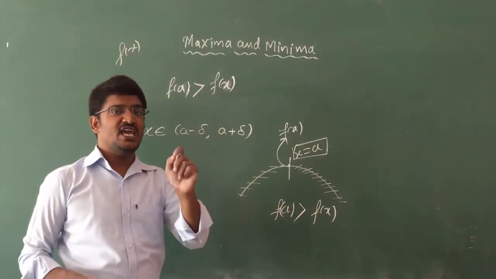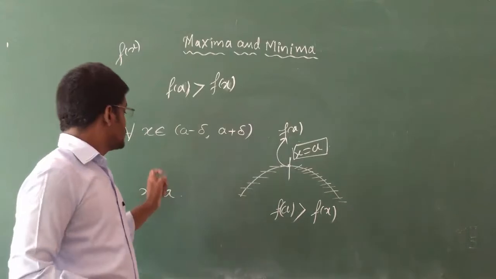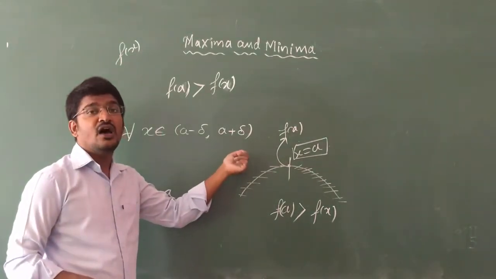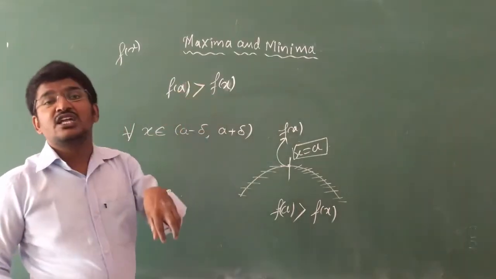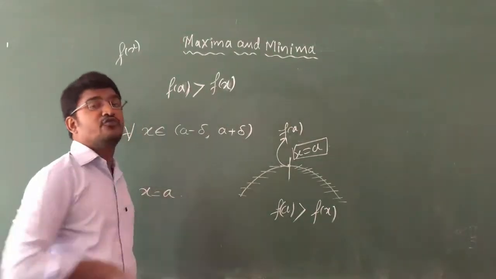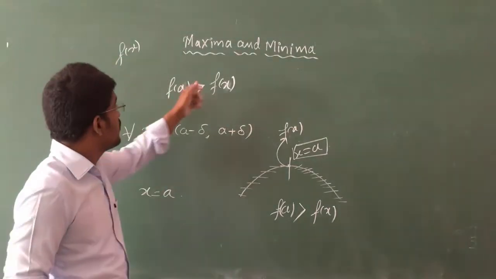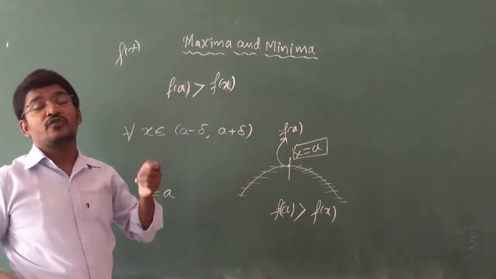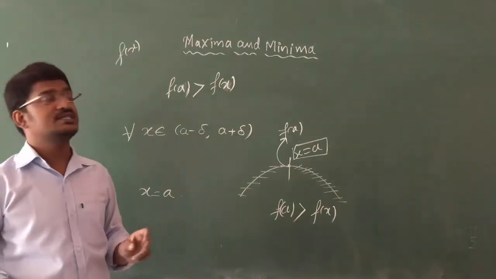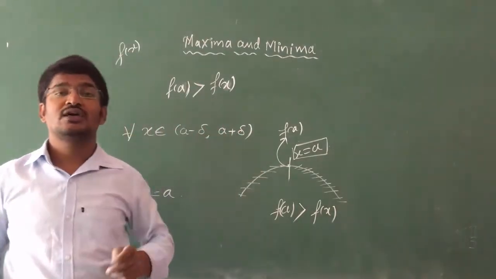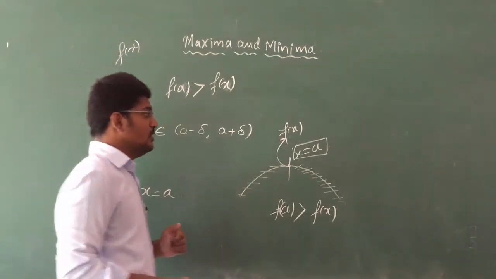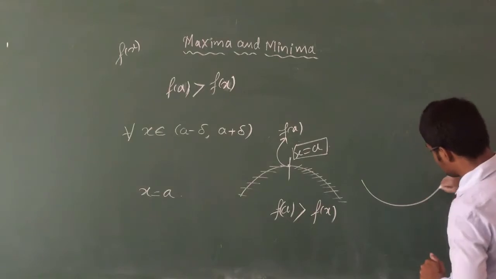For the given a, you have to create one delta neighborhood, that is a minus delta, a plus delta. The values of this delta neighborhood must be lesser than this f of a. That means f of x must be lesser than f of a. Then we say that that particular point f of a is maximum of that particular function. On the same way, I will take this as another function.